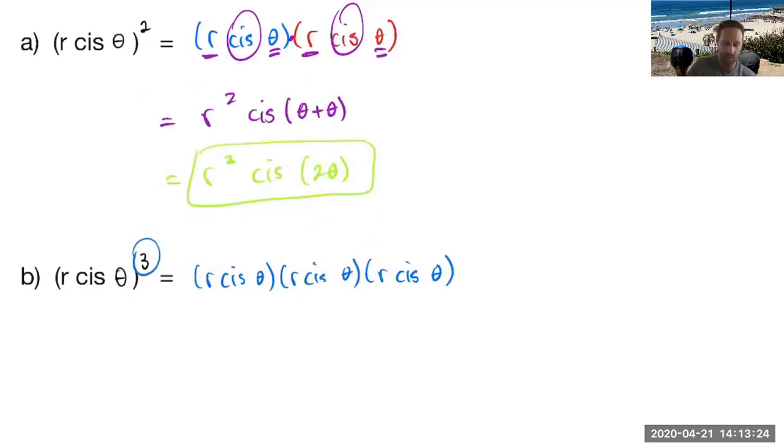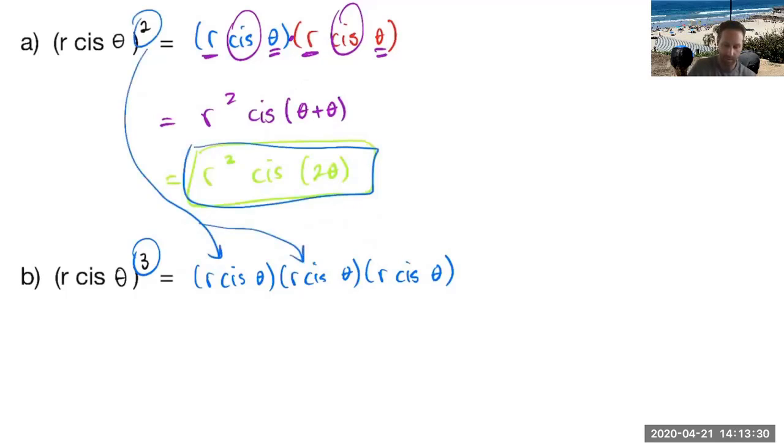Now, the cool thing is we already did what it squared is. We already know what those two are. It's this. So I can take these two things and I can rewrite it like we did previously as r squared cis of 2 theta, and just multiply that with this third.